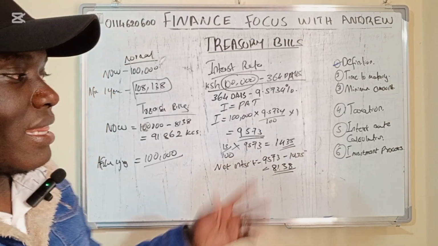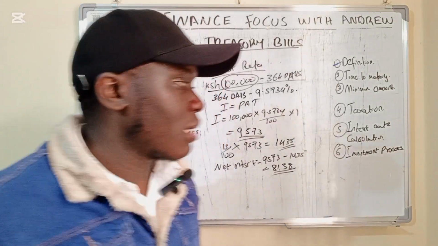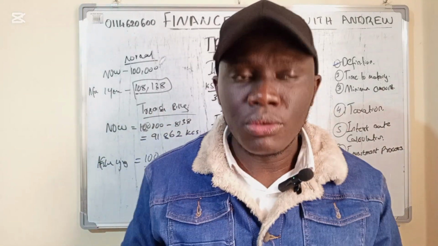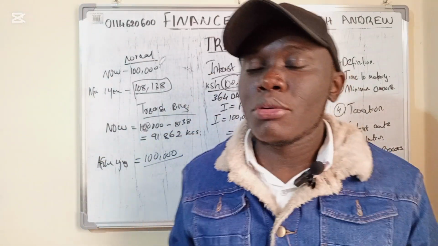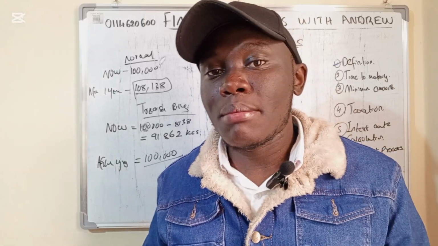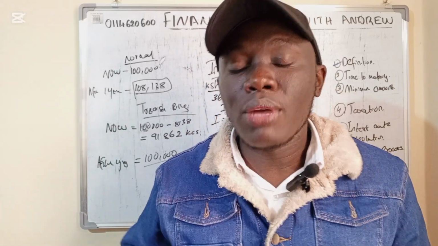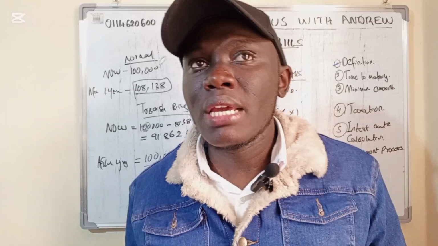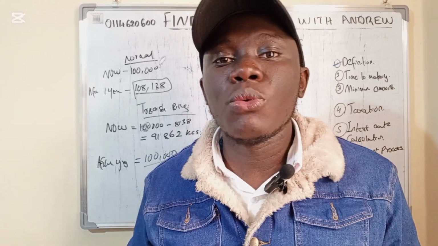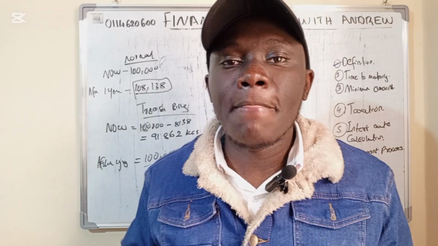Now, the last thing that I would want to talk about is the investment process itself. It is good to inform you that while in treasury bonds you have to wait until the government floats a treasury bond, maybe once in a month or anytime they want to, when it comes to treasury bills, treasury bills are floated on a weekly basis.